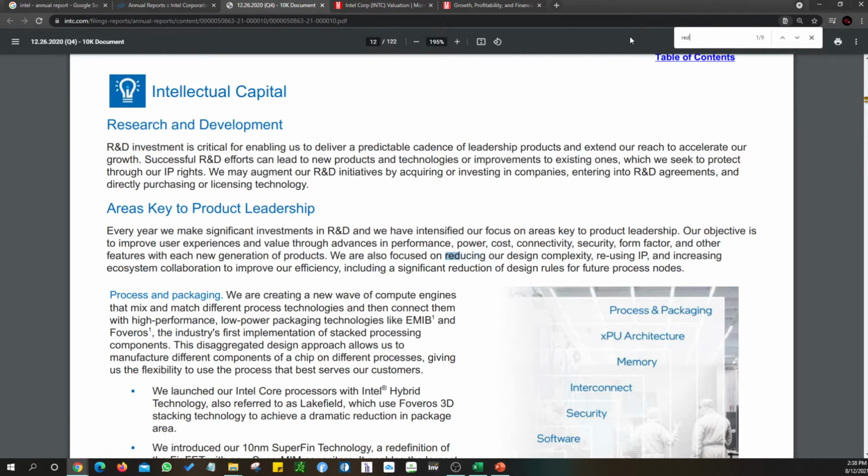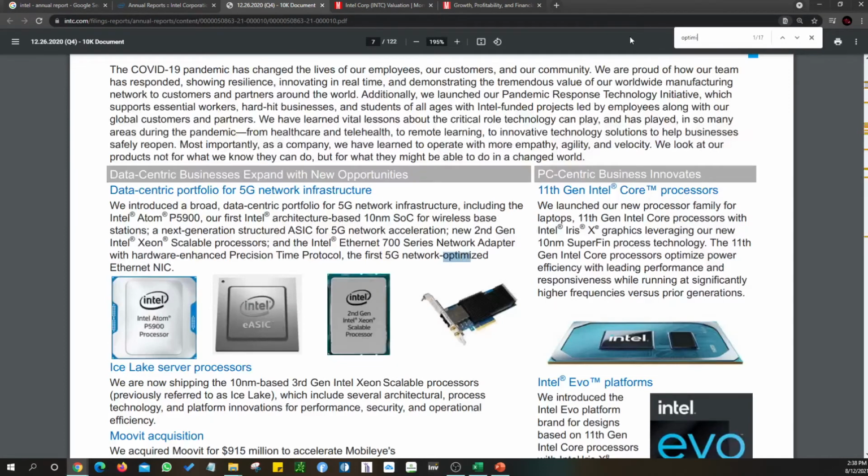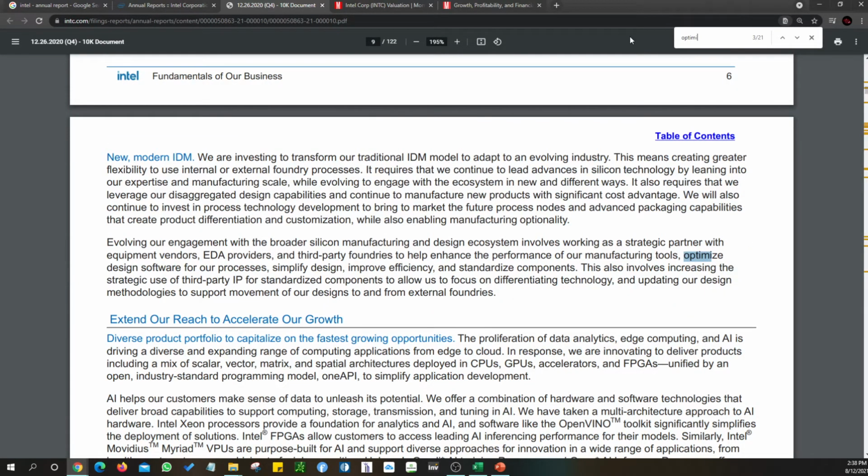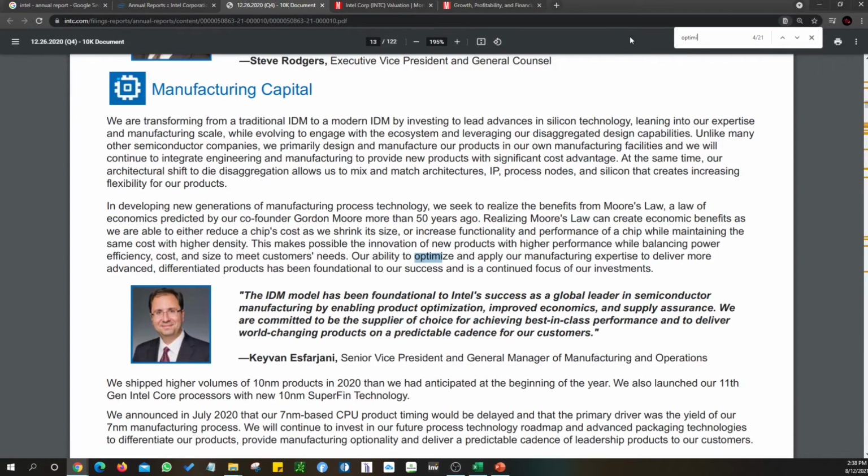Okay, then let's look at optimization. What else do they optimize? Their design software. You see, their ability to optimize and apply manufacturing expertise to deliver more advanced products to differentiate their product.